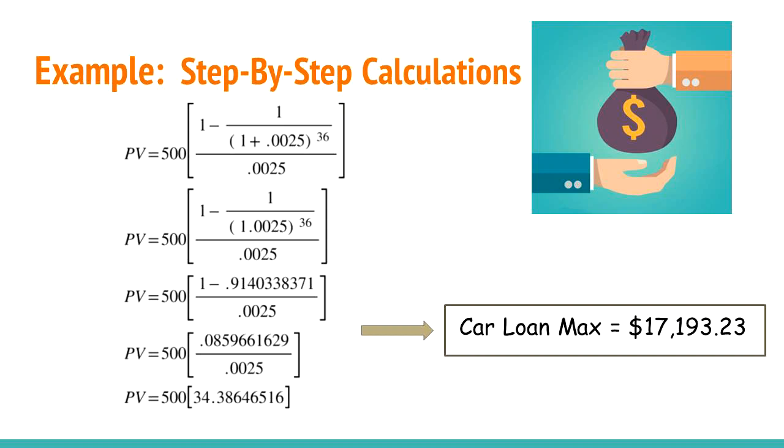I'm plugging the values in here and again going through those step-by-step calculations using order of operations. Again, I encourage you to go through this with your calculator, making sure that you can get the same value that I do for that present value car loan. So the maximum car loan that we can afford with these parameters is $17,193.23.